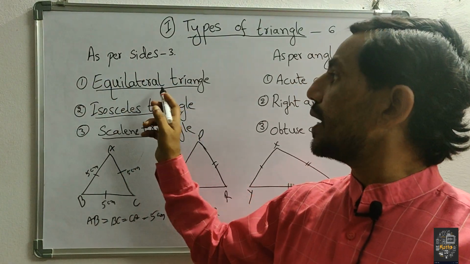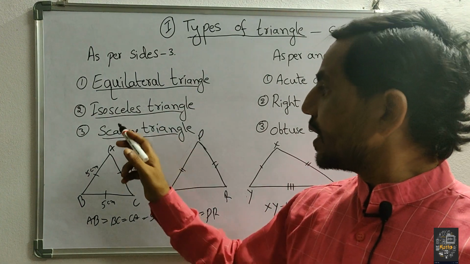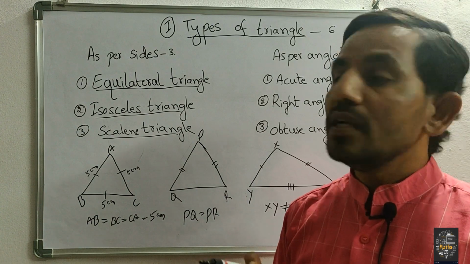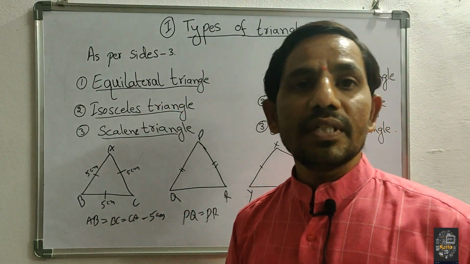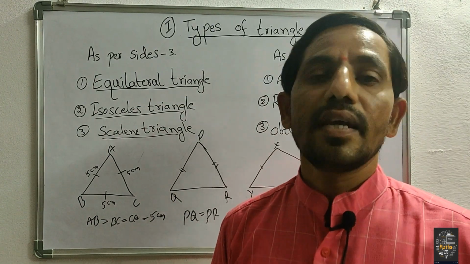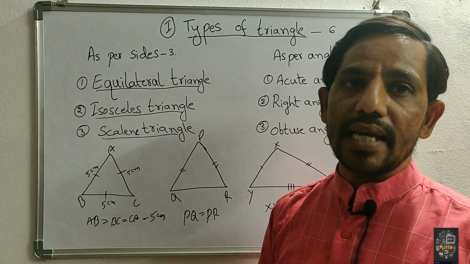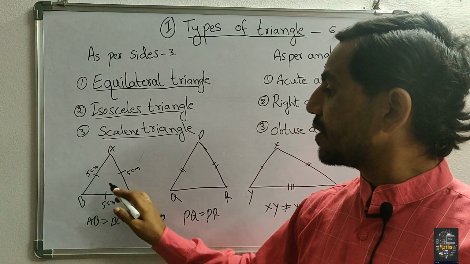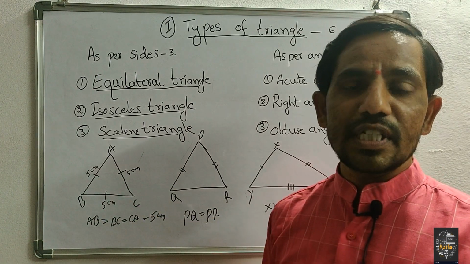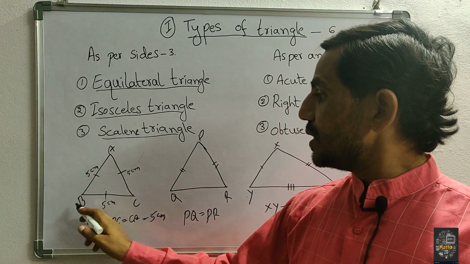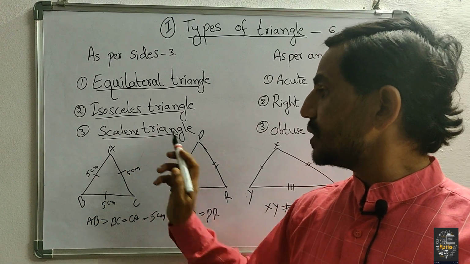Once again, as per sides, 3 triangles. First one equilateral triangle, second one isosceles triangle and third one scalene triangle. Equilateral triangle means all sides are equal. Simple. Example, here I am taking 5 centimeter, 5 centimeter, 5 centimeter, not exactly 5 in other cases. AB is equal to BC is equal to CA.